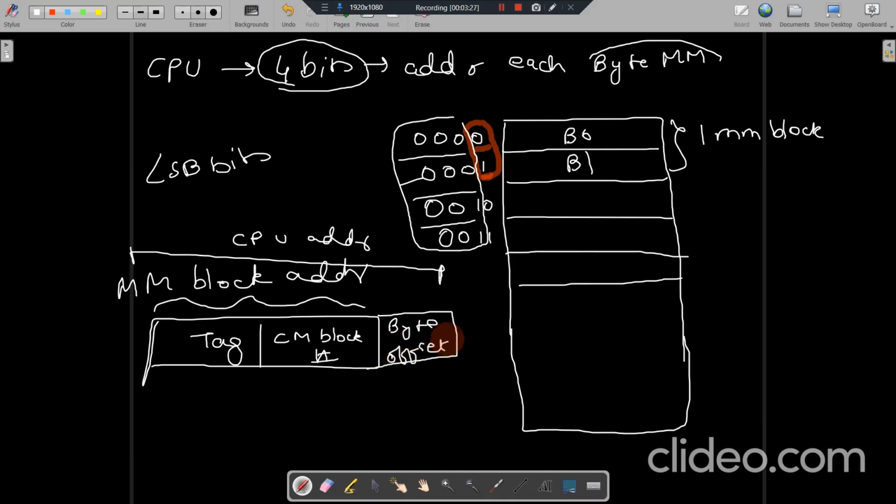So only using the CPU generated addresses can we find out the main memory block address, and where this main memory block address is stored inside the cache. From the main memory block address, some bits will represent the cache memory block number, and the remaining bits will represent the tag. Inside that cache memory block, multiple main memory blocks can be kept, so the tag is the identity card of which block number is being kept over here.